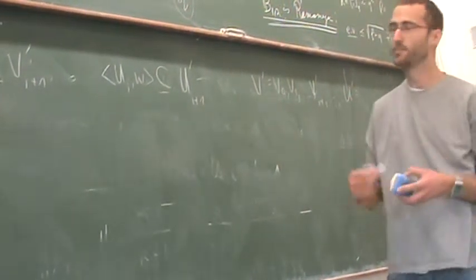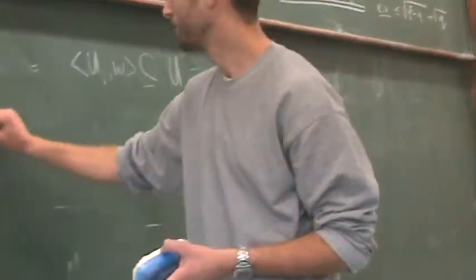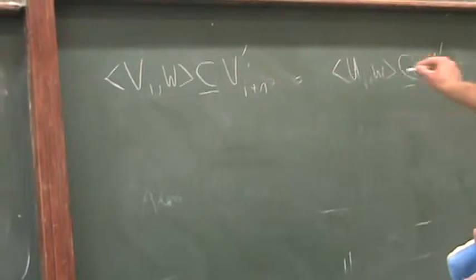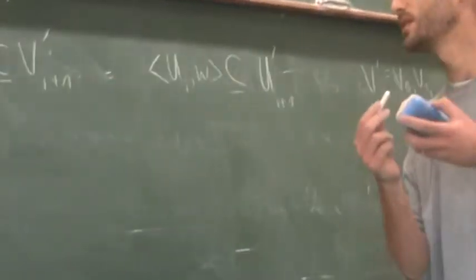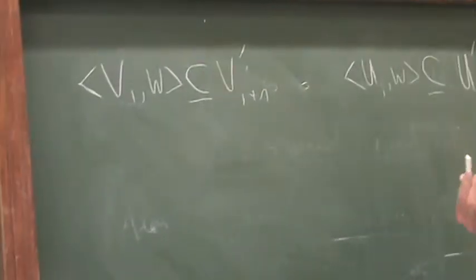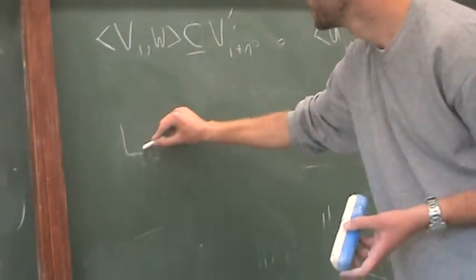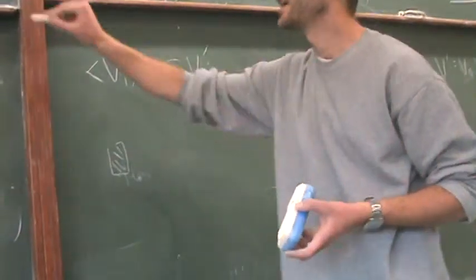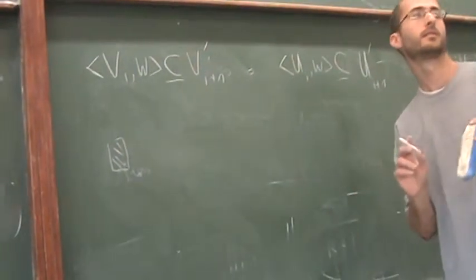And what this gives us is that the intersection of V_{i+1} prime and U_{i+1} prime is one larger than the intersection of V_{i+1} and U_{i+1}. Okay, so this is basically the proof of that. Okay.